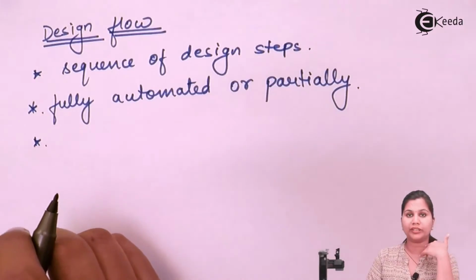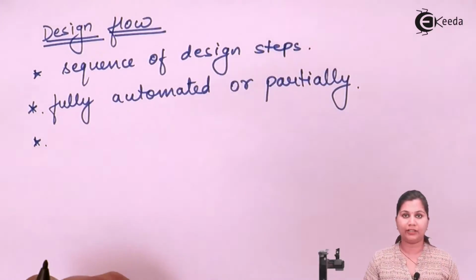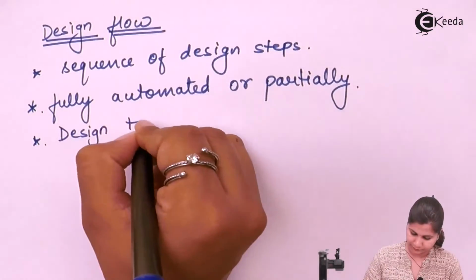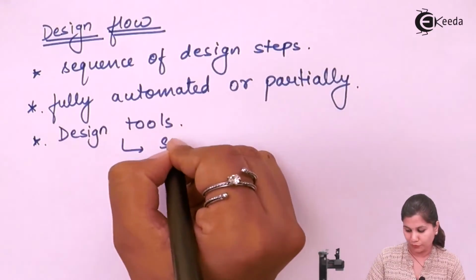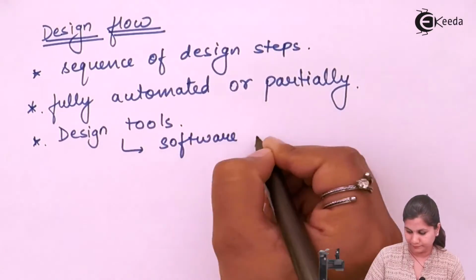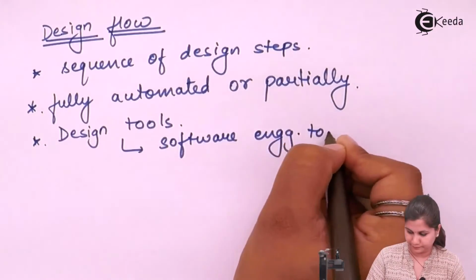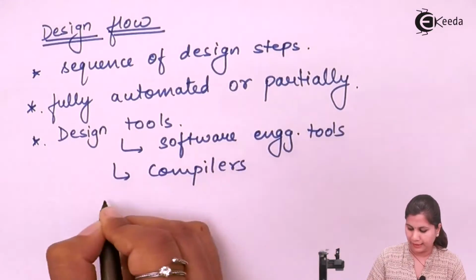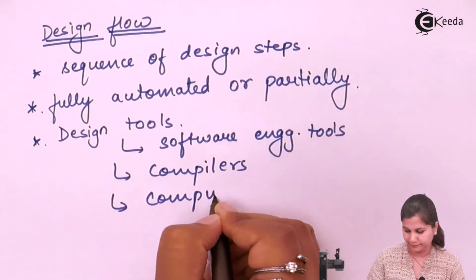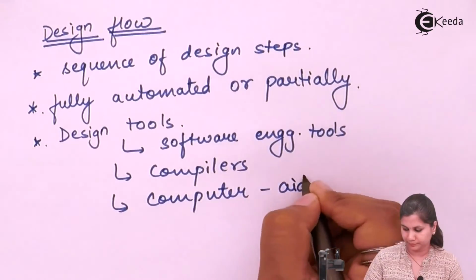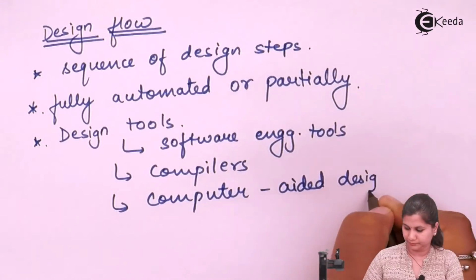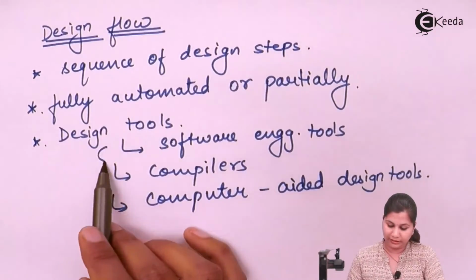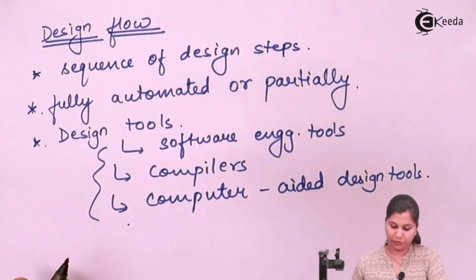Nowadays, due to the development of technology, there are various design tools available, like software engineering tools, compilers, and computer aided design tools. So for the designing, these various types of tools can be used.